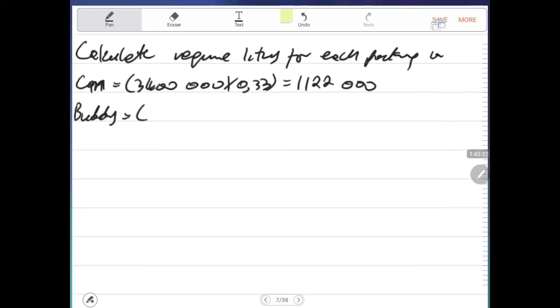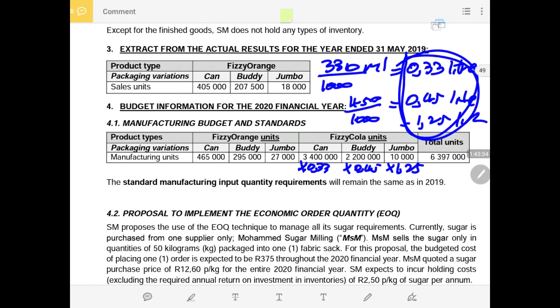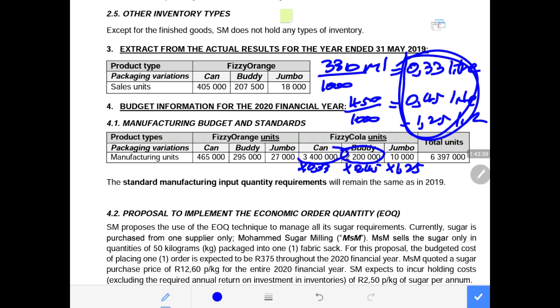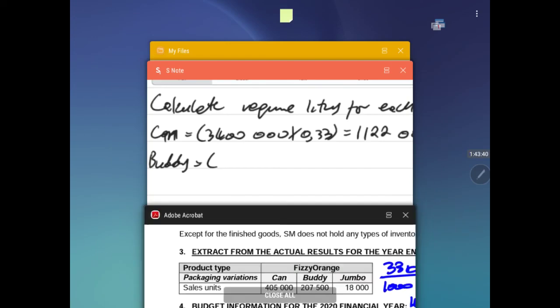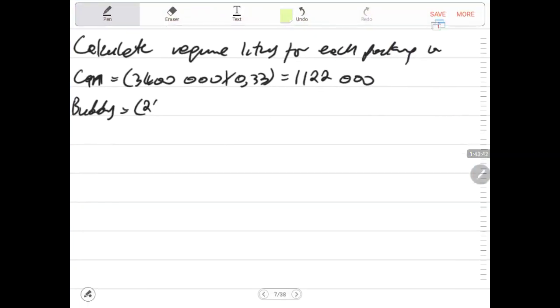Let us look at the units that we are planning to produce. It is 2.2 million. 3.4 million we are done, 2.2 million, next one is 10,000. 2,200,000 times 0.45 liter.